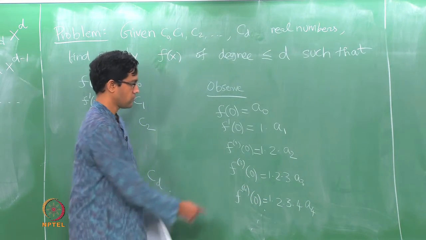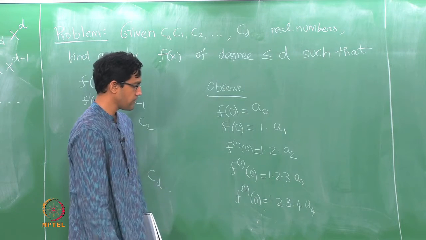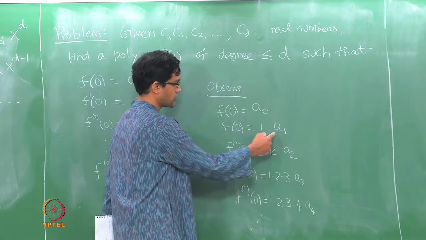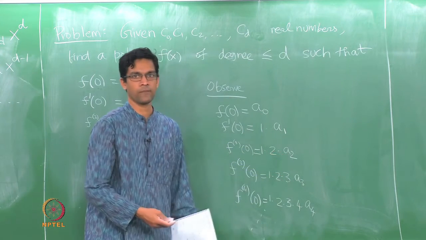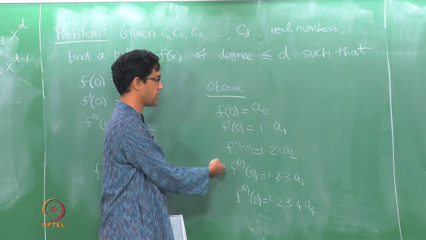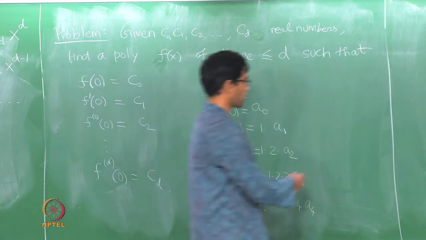Okay. So what we gather from here is that in fact these constants, the coefficients a0, a1, a2, a3 and so on are just directly obtained in terms of the values of the higher derivatives at 0. So what do we conclude?